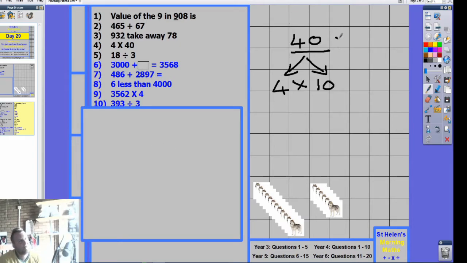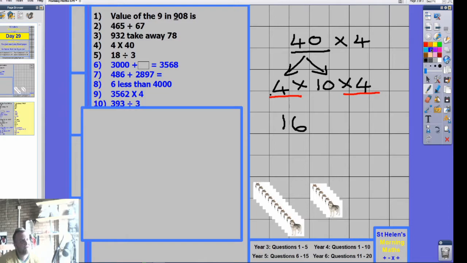So if 40 times 4, and I split it into 4 times 10, it'd just be 4 times 10 times 4, right? So 4 times 4, let's do that one first. 4 times 4 is 16. Do you agree?